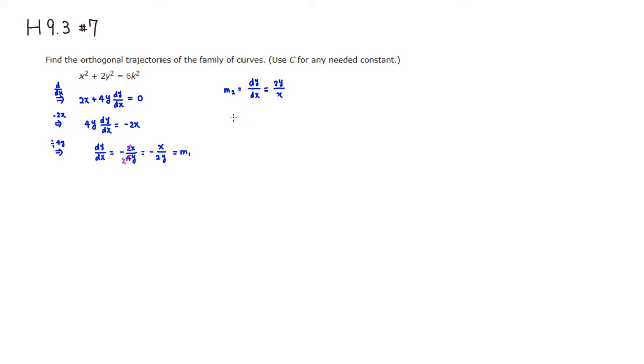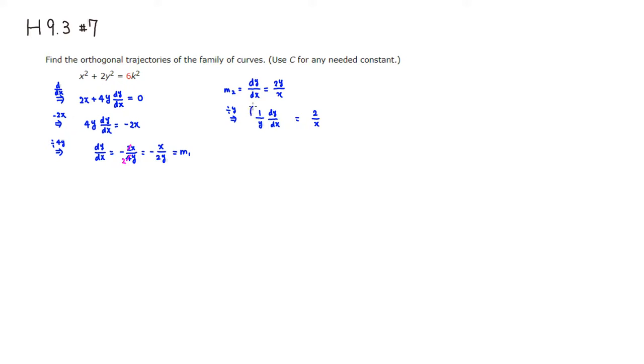Since this is a separable equation, I'm going to first divide through by y. So we get 1 over y dy over dx is equal to 2 over x.